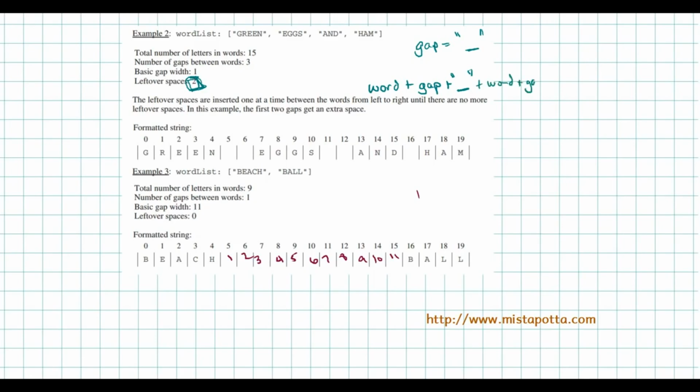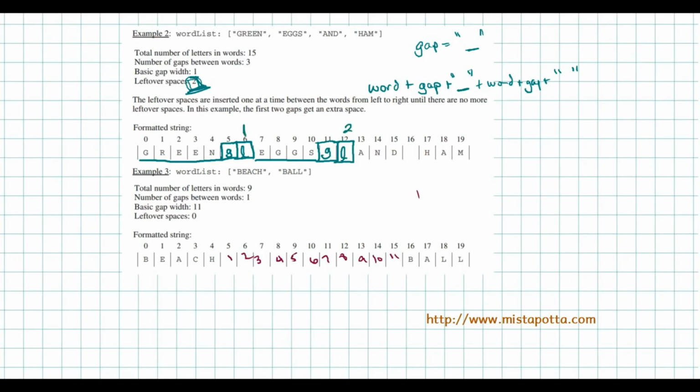Word plus gap plus a leftover space. As long as I need that many leftover spaces. In this case, I needed 2 leftover spaces. So notice that I have my word, I've got my gap, and then I have my leftover space. And then I have my word, I have my gap, and then I have my leftover space.